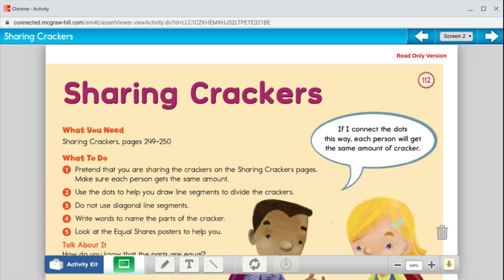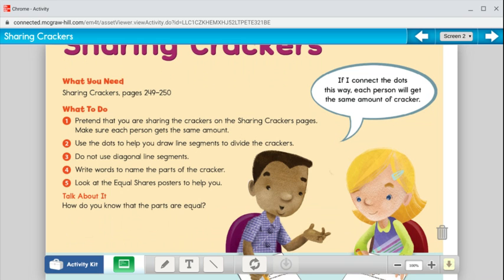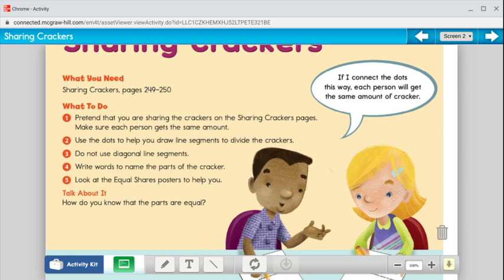All right, so we're going to be sharing crackers, and this is what our explorations look like. You're going to pretend that you're sharing a cracker on the page that I'm going to show you next. We're going to use the dots to help us draw the line segments to divide the crackers, no diagonal lines, and then we're going to name the parts of the crackers.